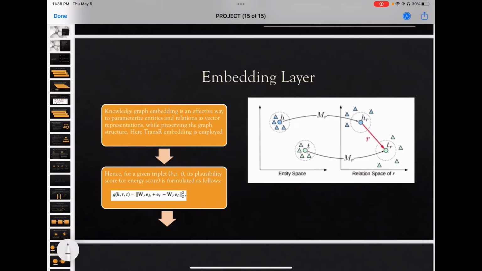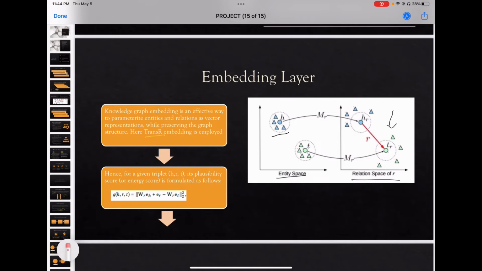The next thing we see is an embedding layer. Knowledge graph embedding is an effective way to parameterize entities and relations as vector representations while preserving the graph structure. Here, TransR embedding is employed, which is a widely used method on CKG.